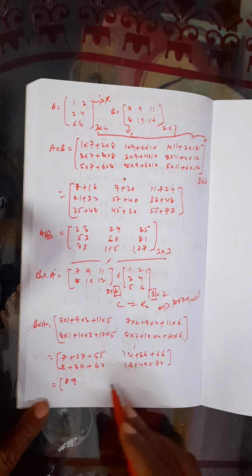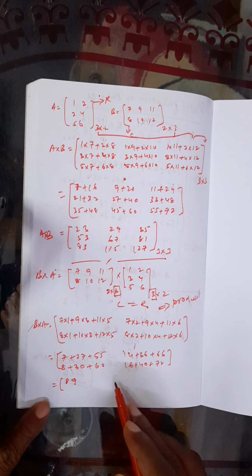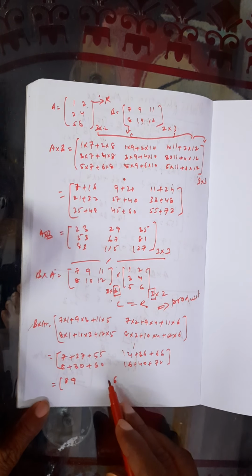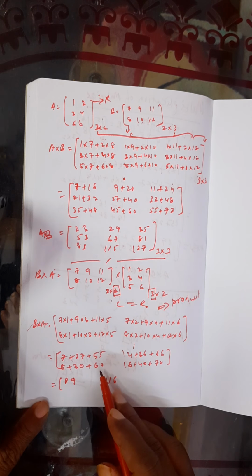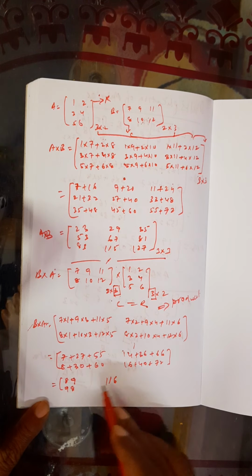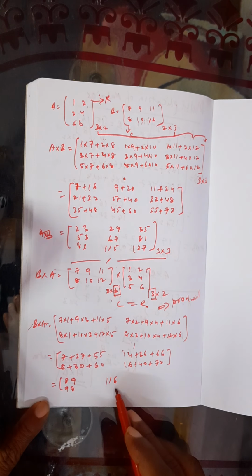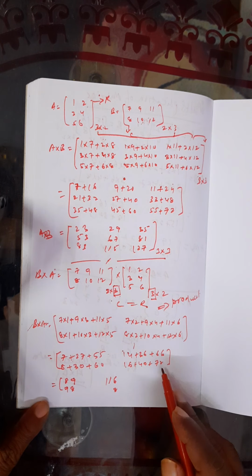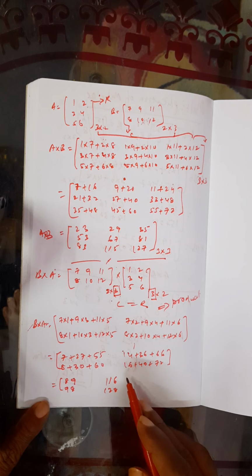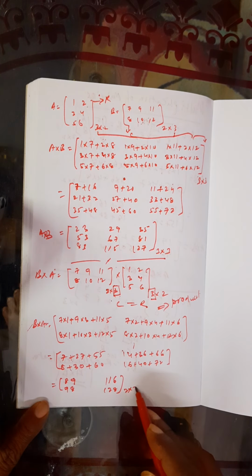So it's 89. 4, 10, 6, 16 carry 1, 7, 10, 1, 11, 1, 1, 6. This is 98. Here 8 and 7, 11, 12. This is a 2 by 2 matrix.